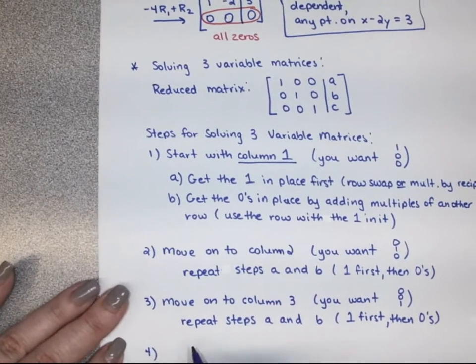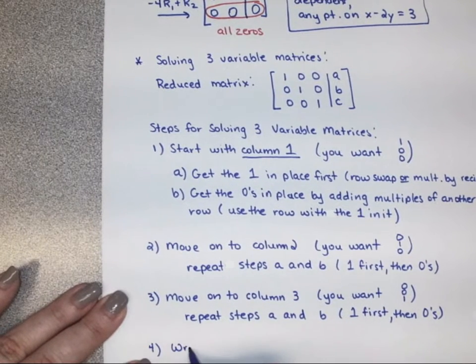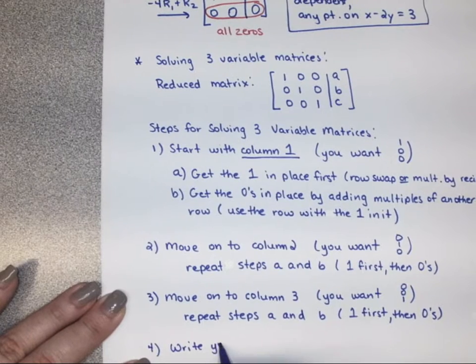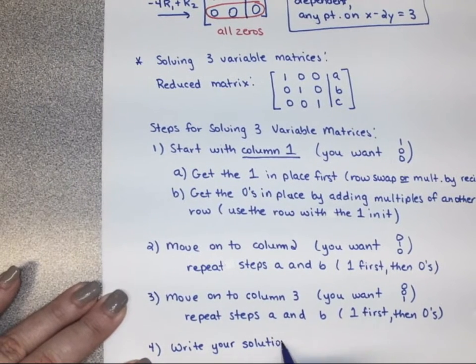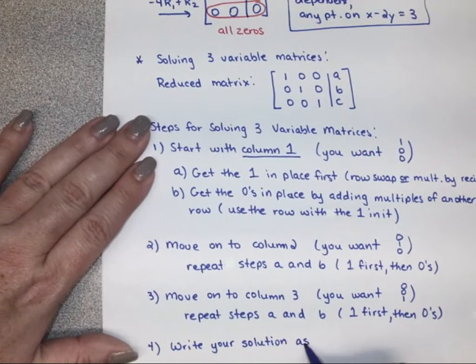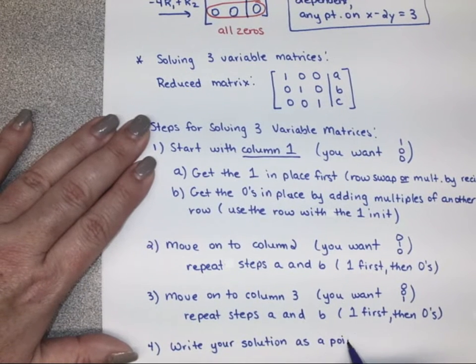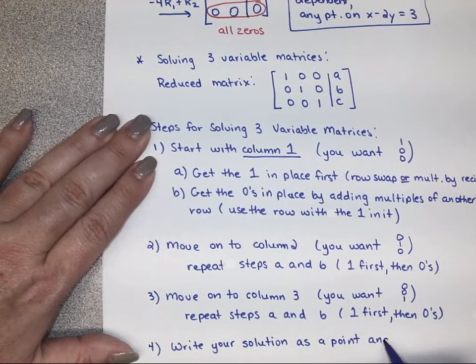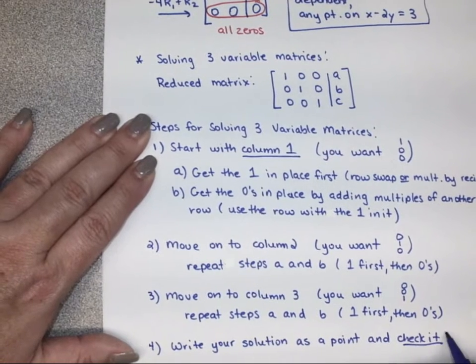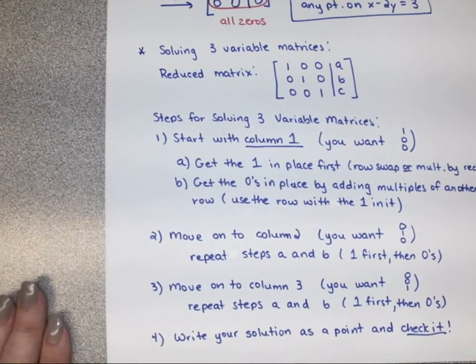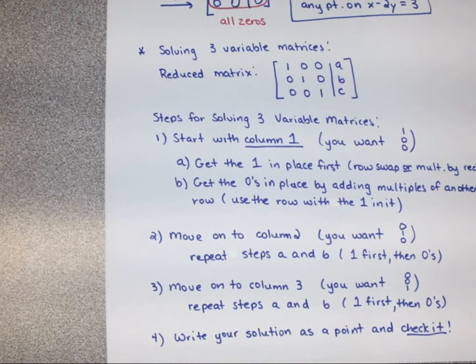And then last but not least, you're going to write your solution as a point and check it. And the check step is optional, but it's going to be really useful for us to be confident that we did it right.